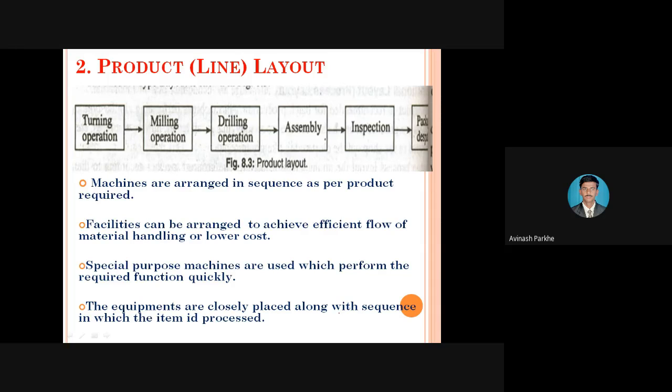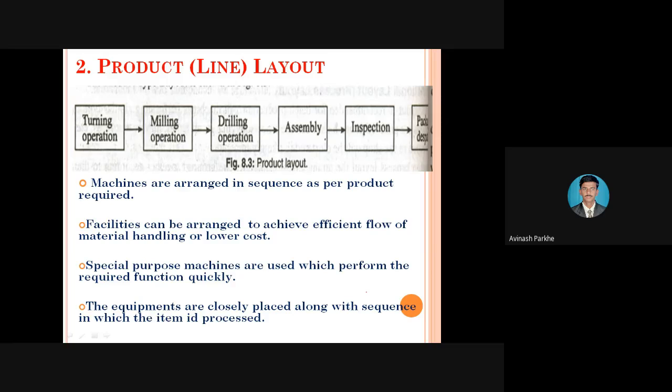Therefore, if in one day you are manufacturing, for example, 10 four-wheeler vehicles, all the 10 vehicles have the same construction and same operations. That means I am producing similar type of product in mass quantity. At that time, this product layout or the line layout plays a very important role.